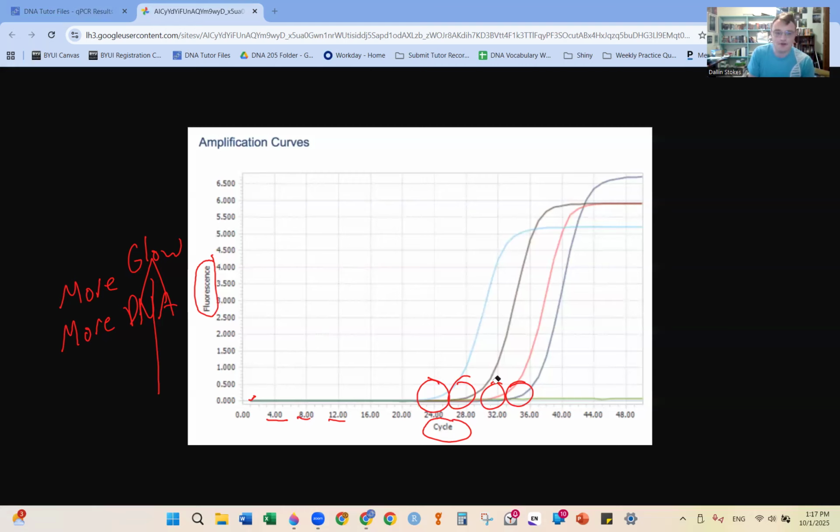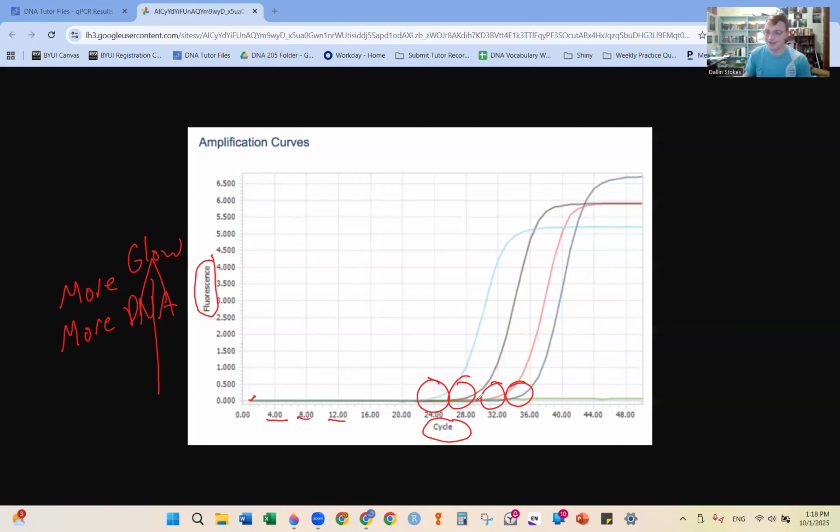Each of these is a different reaction, but you'll notice some of them don't even start making discernible copies of DNA until like round 22. So the first several rounds of PCR, nothing happened. We had the primers in there, we had polymerase in there, everything's great, but nothing happened.